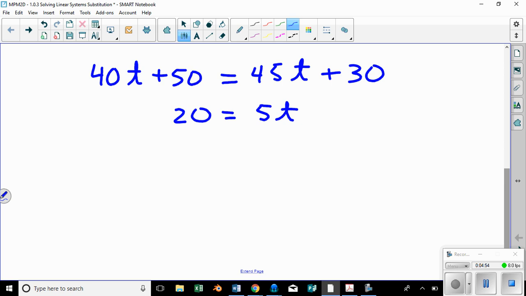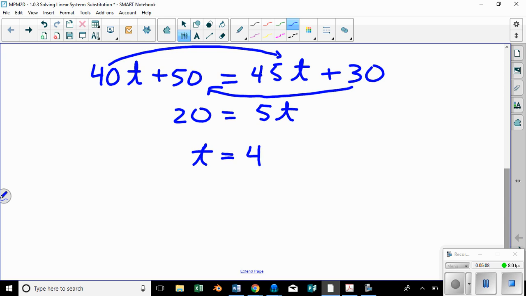Using regular algebra rules, that shouldn't be too hard to see. I'm just going to show what we did here. So I brought the 40t over to this side, and I brought the 30 over to that side. Okay. Now we can divide both sides by 5, and we end up with t equals 4, which is the amount of time in hours where both companies would actually charge the same amount.